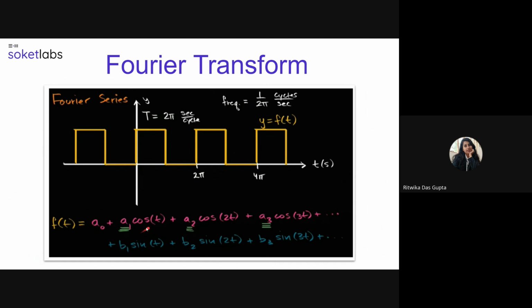And why do we use cos and sine? Because cos and sine are periodic functions, and secondly, they are easy to differentiate when we use cos and sine in the equation. And a1, b1, these are the weights which will tell how much cos and sine function is involved within this equation.